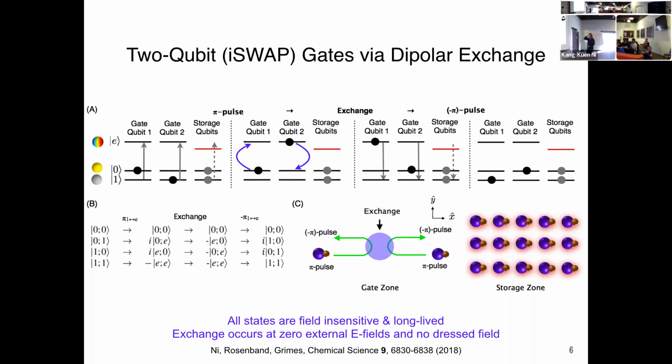So if we start with the superposition of, for example, 00, 01, say I can have an arbitrary superposition, then we can say the equal superposition to start with. And after my gate, if I'm just doing a swap, which is a non-entangling gate, then what I have is this, right?